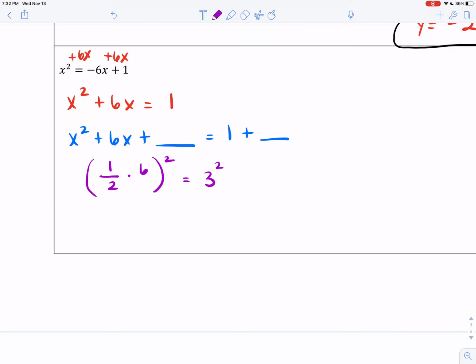So once again, I'm going to be taking 3 squared, which means I'll need to add 9 to both sides. Now notice when I factor the left-hand side, we did this one just a minute ago, I'm going to have x plus 3 times x plus 3. And on the right-hand side, I'm going to have 1 plus 9, which is equal to 10.